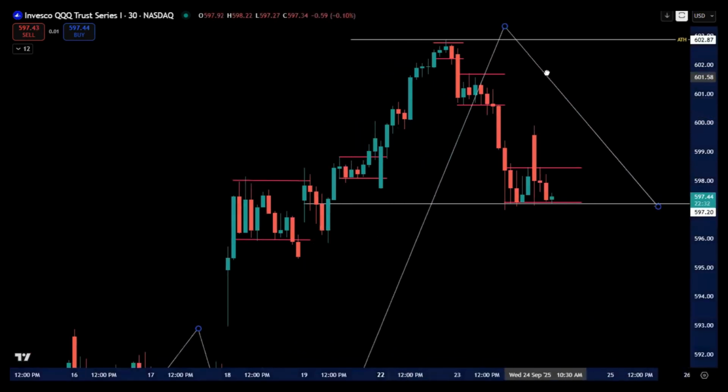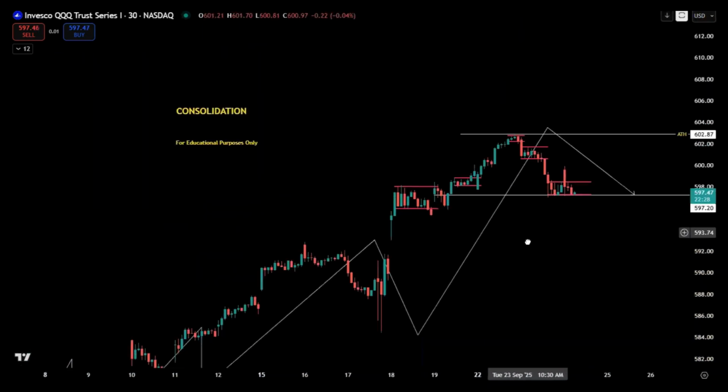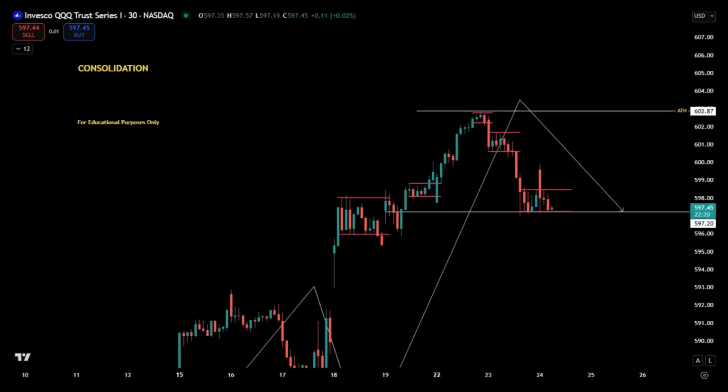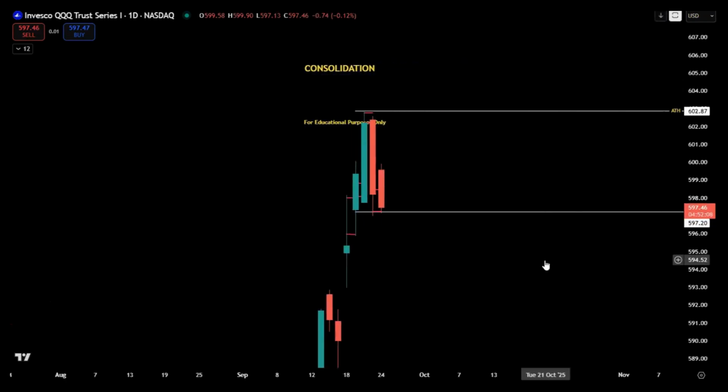Let's see if I can bring it in. This is our path before. Here's the last pullback. There's the push up, but look at all that consolidation in between. So the market consolidates a lot on the lower time frames, but when you're on the higher time frames, you pretty much don't even see it.